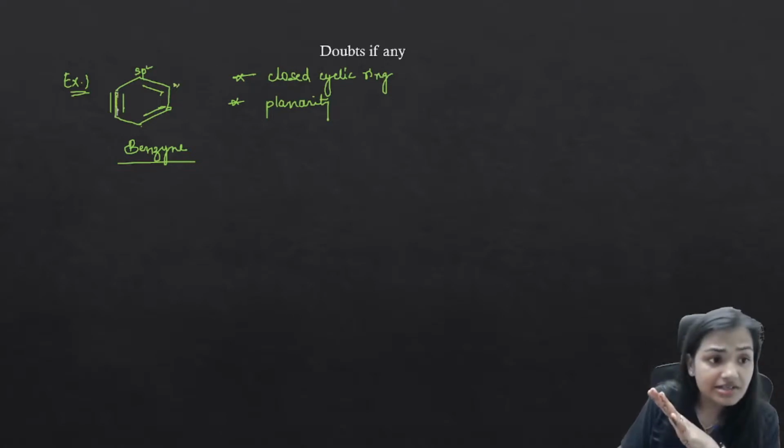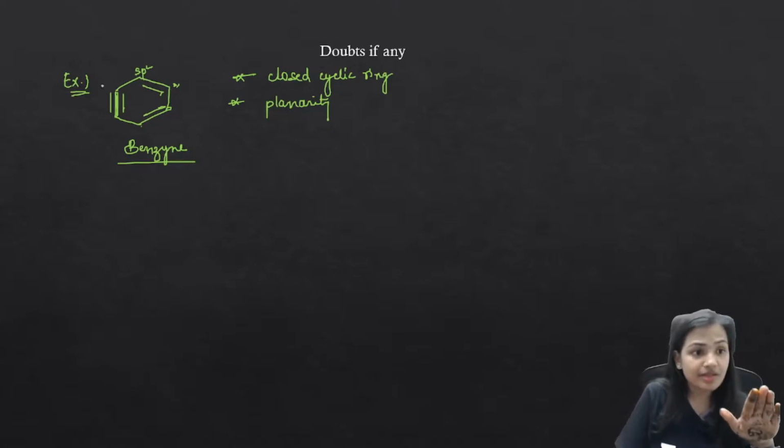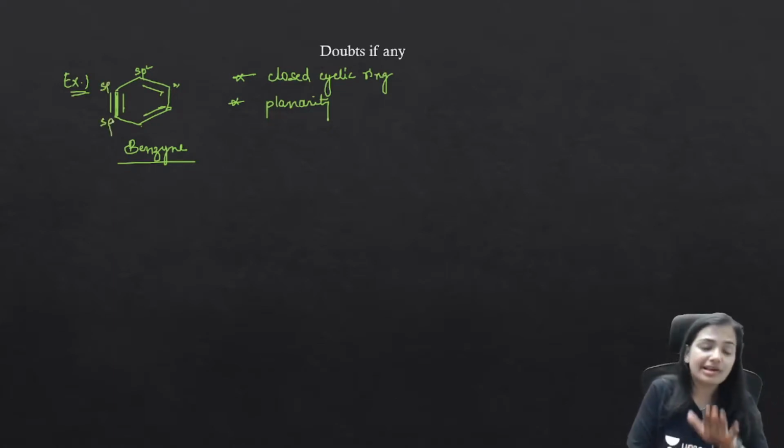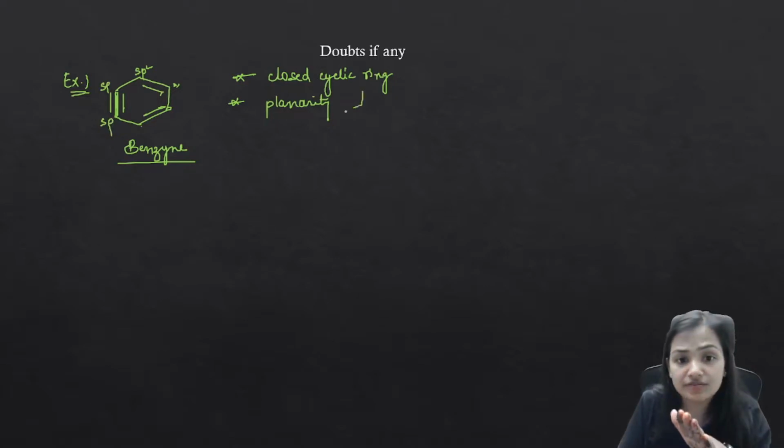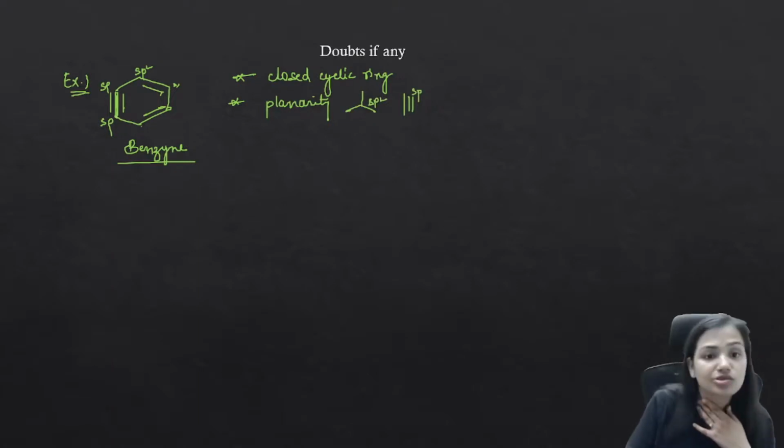If it is a linear structure, like an alkyne, alkynes are always linear, sp hybridized, but sp is also planar. So I said that there has to be planarity, whether because of sp2 or because of sp. Both are contributing to the planarity. So yes, this is also planar.